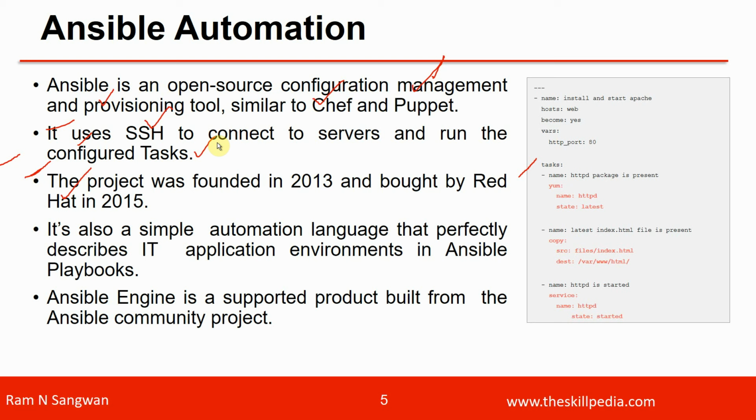As an example, the Chef agent or Puppet agent must be installed on the remote machine. Even in Jenkins, you need to have an agent installed. So that's the main problem, that you require agent tools. But in the case of Ansible, you don't need anything. You just need SSH. As long as you can SSH into the machine, you are good to start working with Ansible.